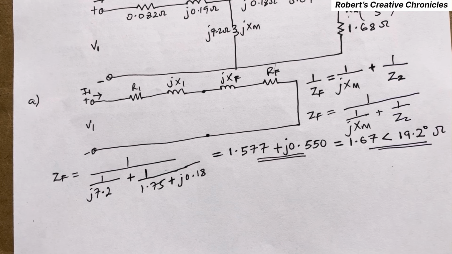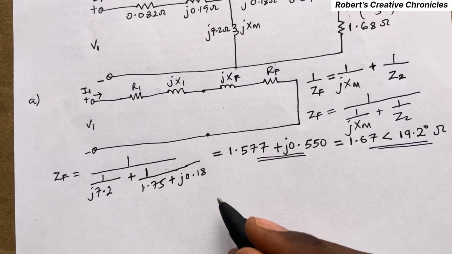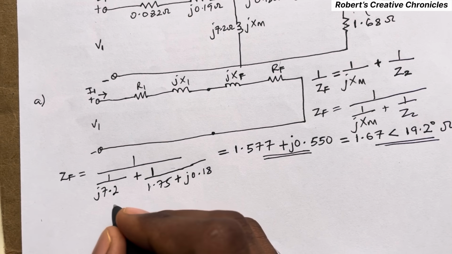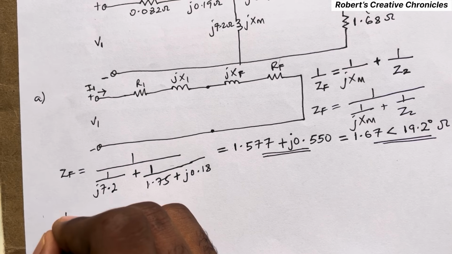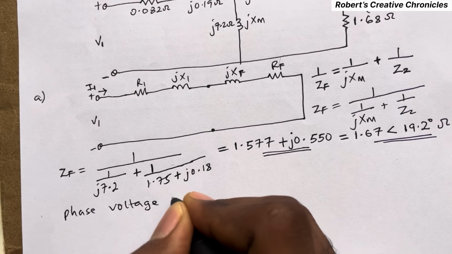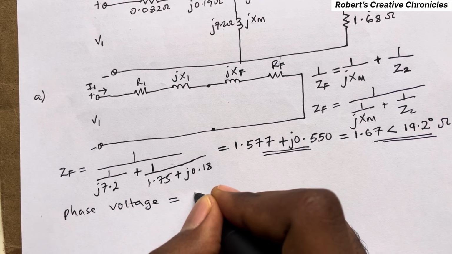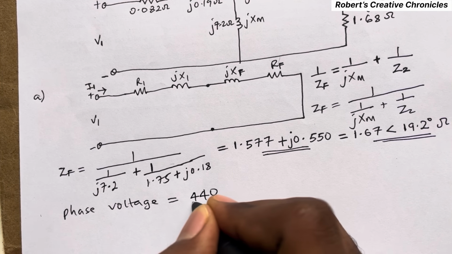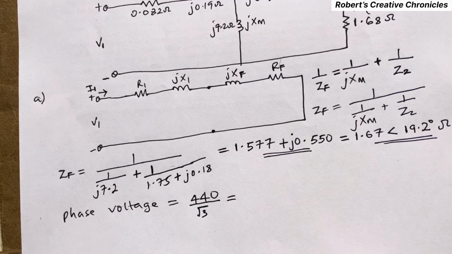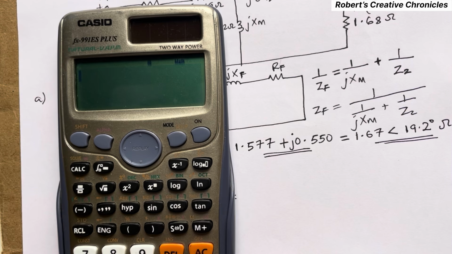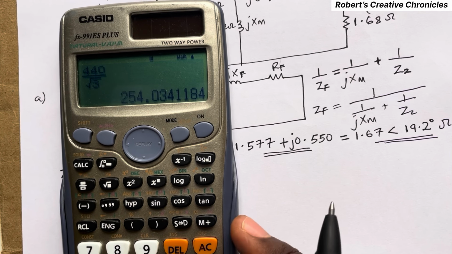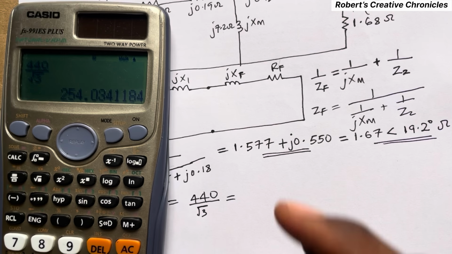we have to find the phase voltage before we can find the line current. The phase voltage is given by the voltage 440 over root 3. That's the phase voltage, so this is 254.